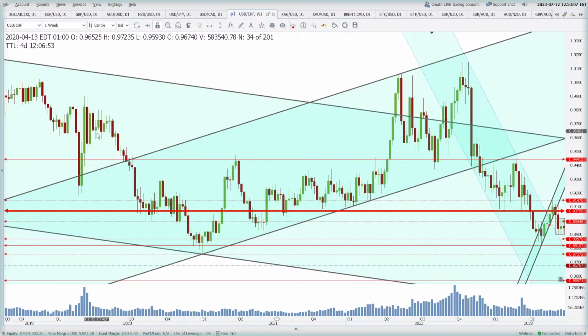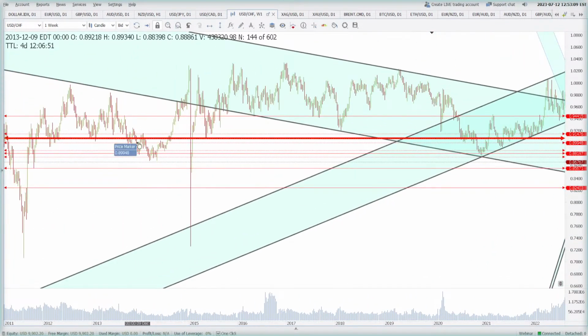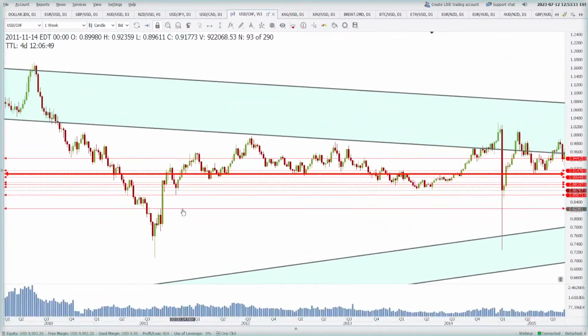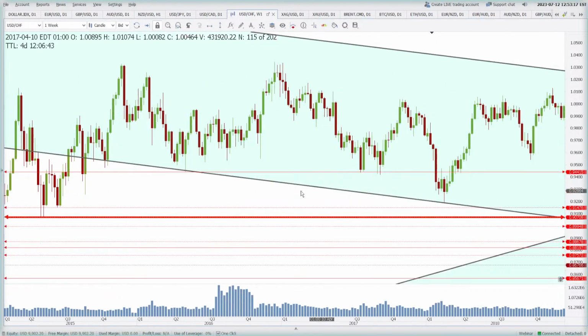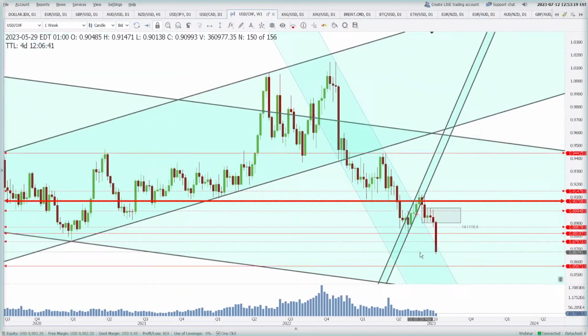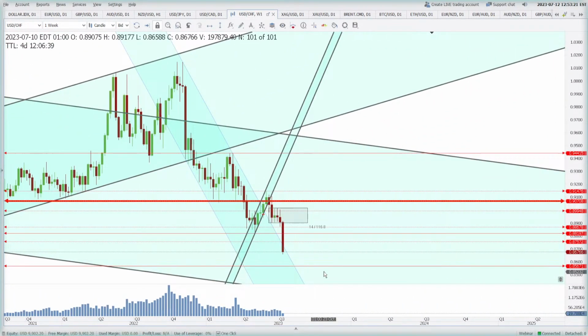And if I switch to weekly, these two are the levels, 0.8567 and 0.8240. Let's see how things unfold, but right now it is very bearish. 0.8567 I think is the next target for this market. This is the weekly target.